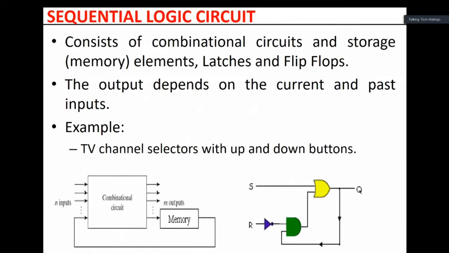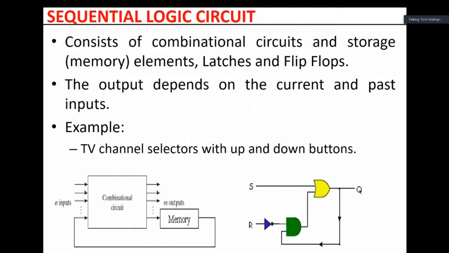What are we saying? The output of the sequential circuit depends on the current values of the inputs and some past information, what happened in the past. An example, if we use the TV, is the TV channel with up and down buttons. If you are watching sports on 200, when you press up, you go to 201.